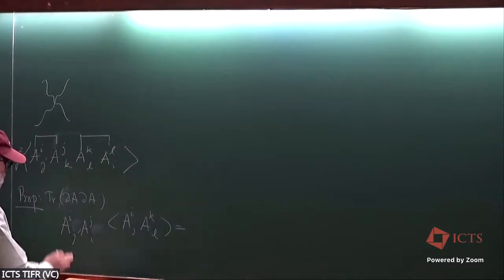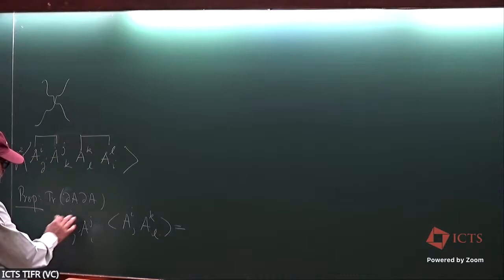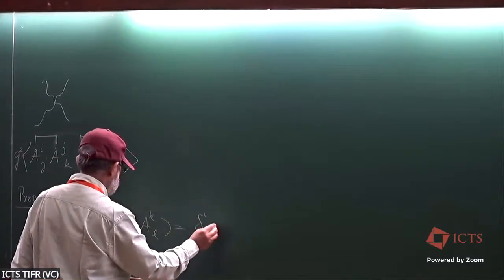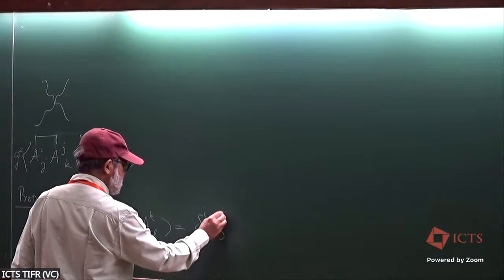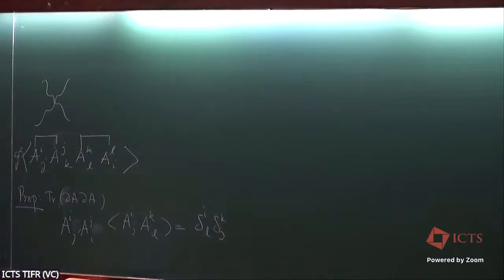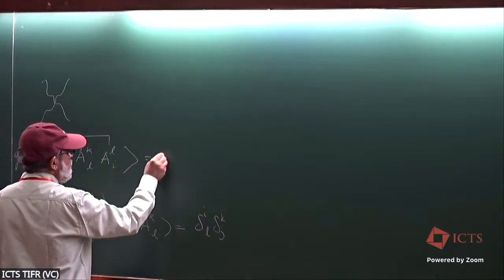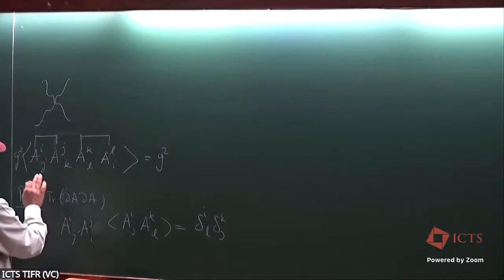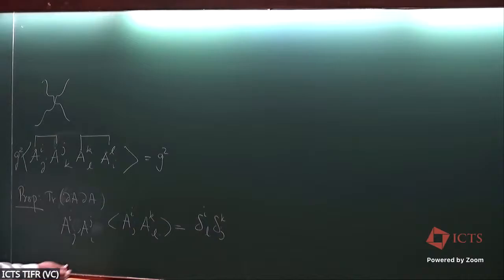proportional to, so what does it say here? The kinetic term in the Lagrangian says that this must be equal to that and this must be equal to that, right? So there is a delta IL and delta J, right? So let's use it here. Please do it as I do here. So I just use this. This is the symbol for contraction, as everybody knows.